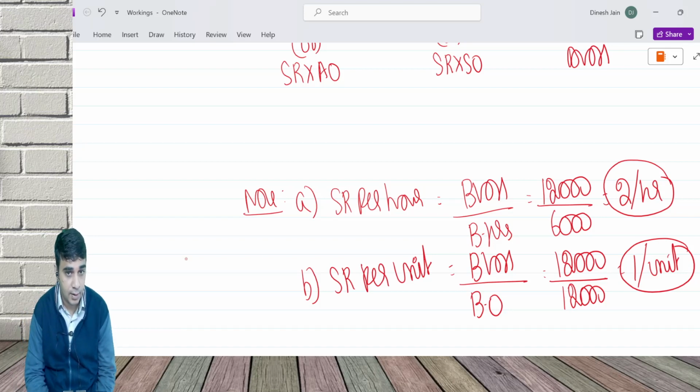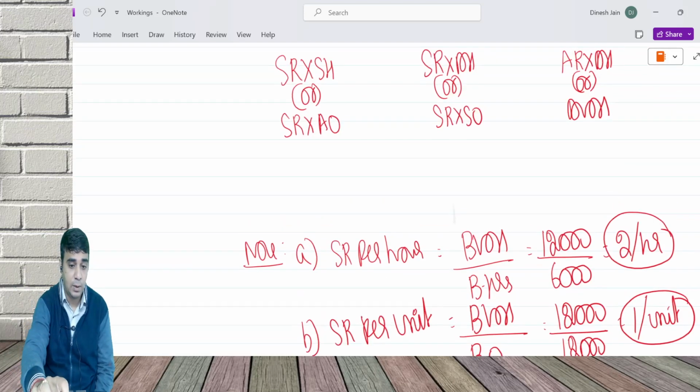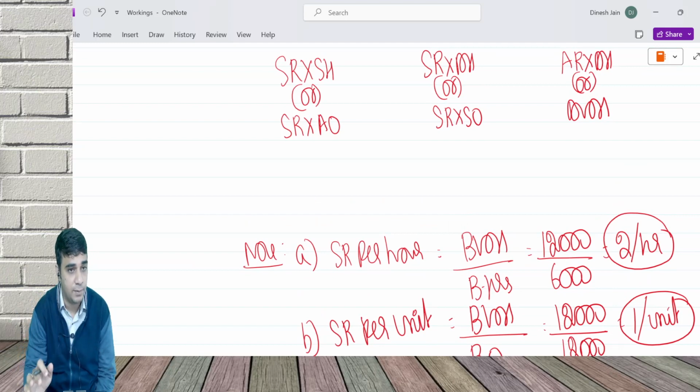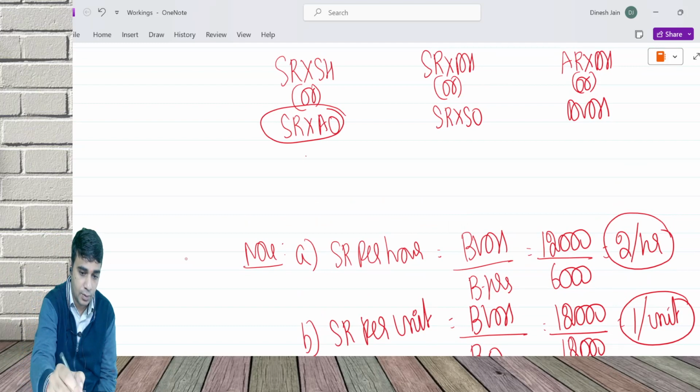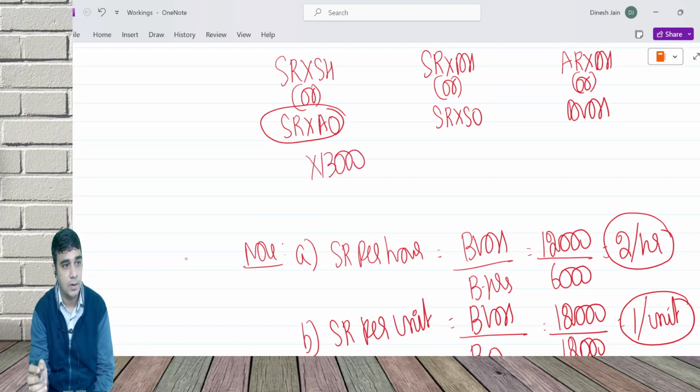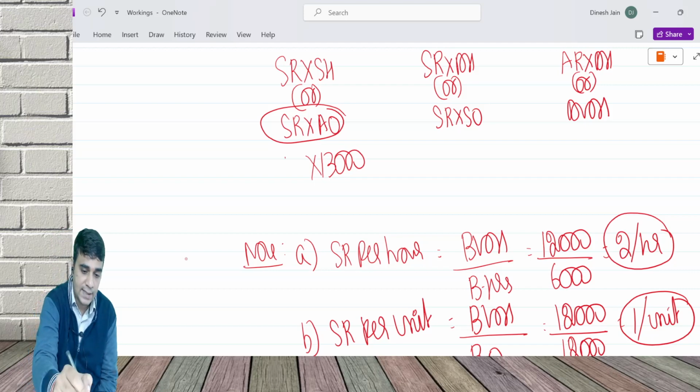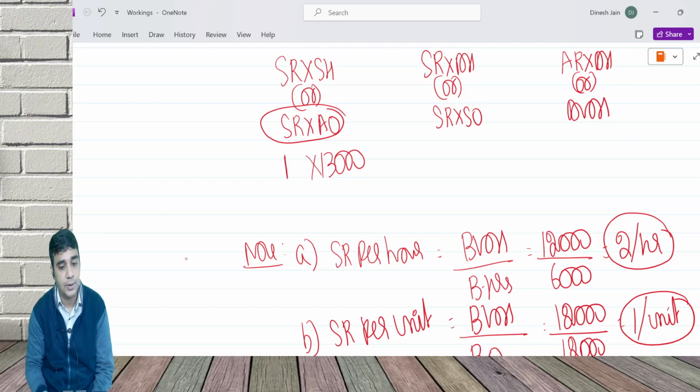Clear? Now, between SH and AO, one of them will be readily available. How much is AO? What should I use, 2 rupees or 1 rupee with this? Which one? SR per unit. 1 into 13,000.